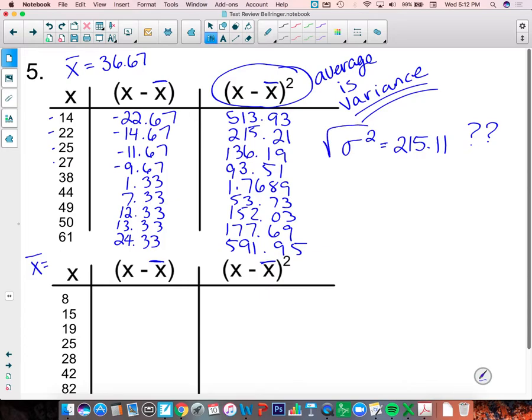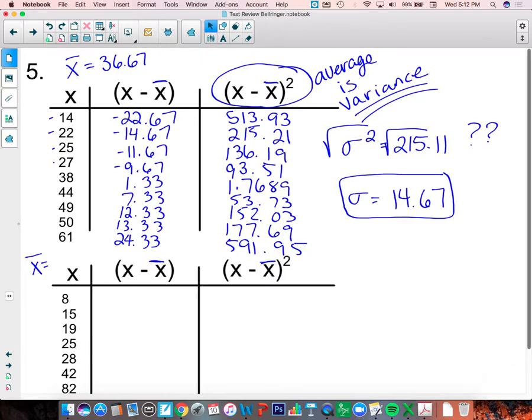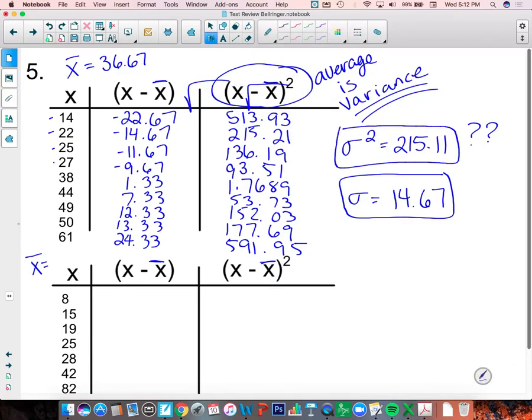That was the square root. So standard deviation is the square root of that, which is 14.67. So that's my standard deviation. And if I move my radicals out of the way, that is my variance.